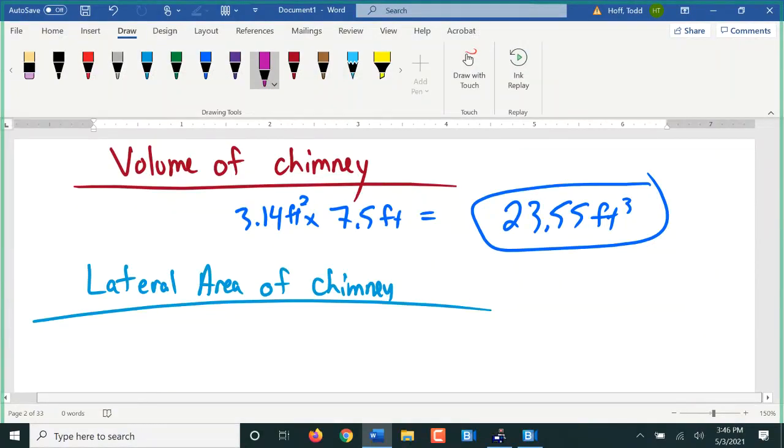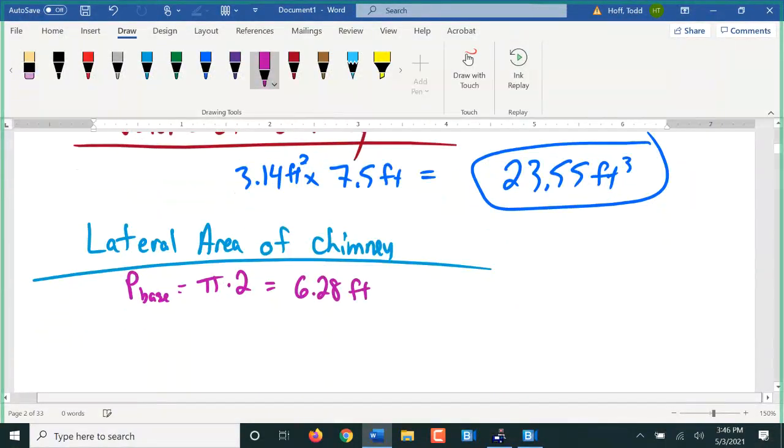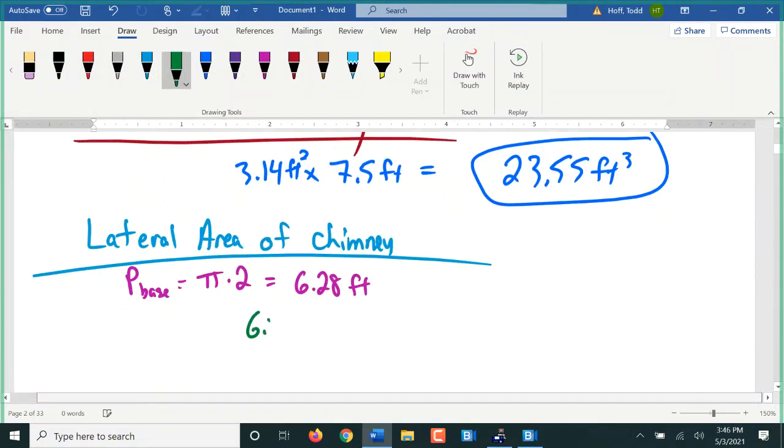Lateral area of that chimney, if we need to surface it or whatever, is found by taking the perimeter of that base, which is that circle. That's pi times the diameter of 2 feet. That's 6.28 feet is the perimeter of that base. And we take that times that average height again, 7.5 feet.